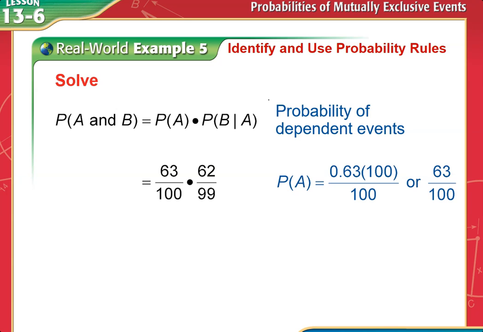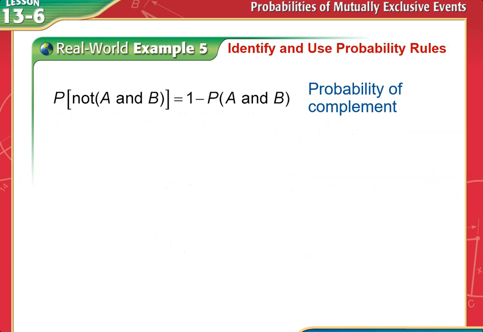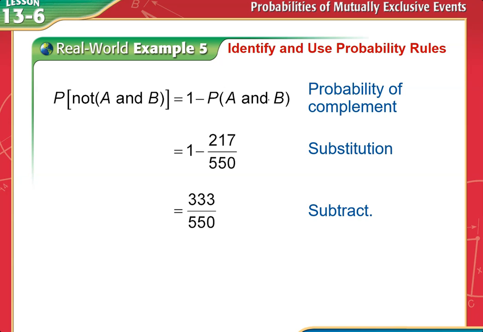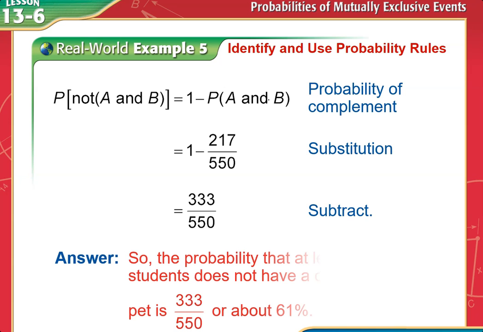So we can multiply this together, and then we end up with our answer of 217 over 550. But we know that's not the answer, because that's the likelihood that they both have a pet. So we can subtract that from 1, and we get 333 out of 550, or about 61%.